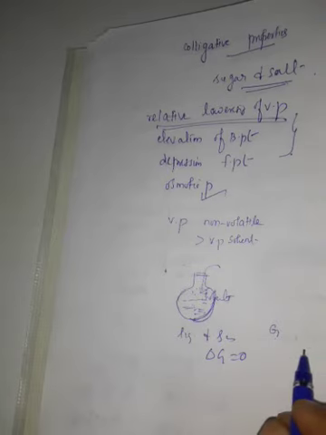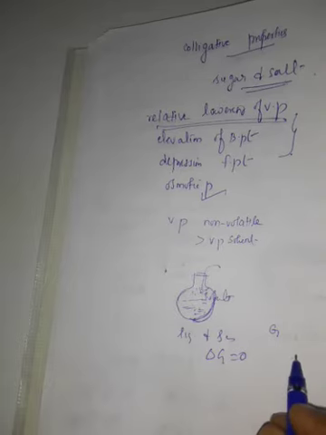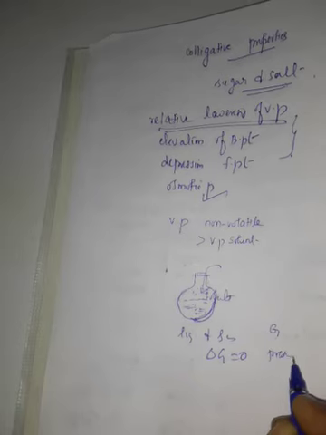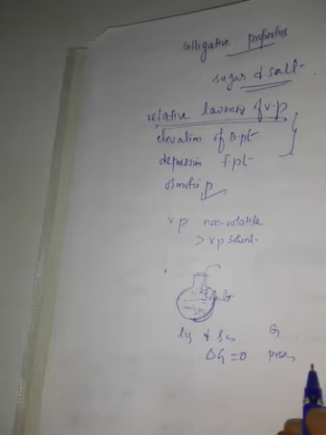At a given temperature, the only way to lower the free energy of the vapor is to reduce its pressure. Thus, the vapor pressure of the solution must decrease to maintain the equilibrium.